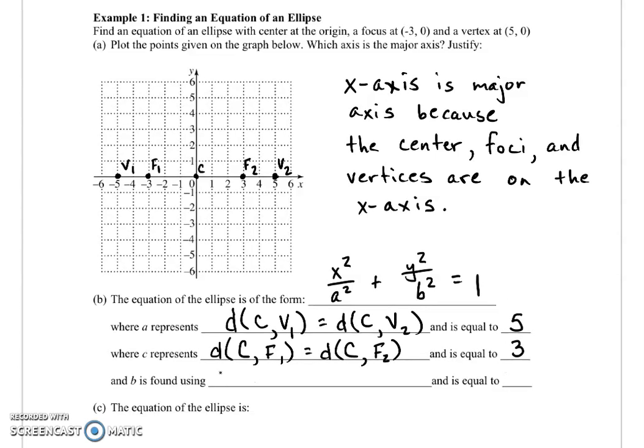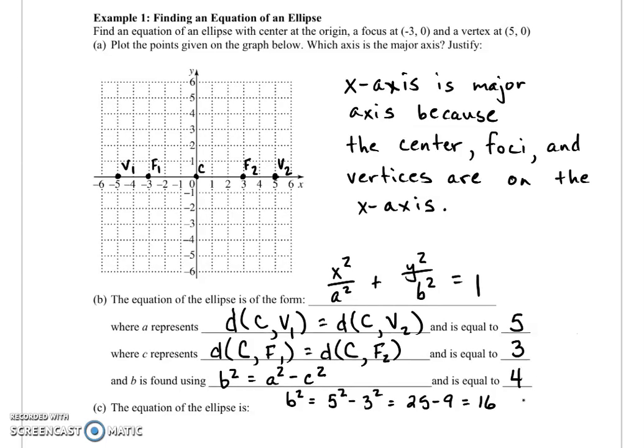And we find B by doing B squared is A squared minus C squared. So B squared is 5 squared minus 3 squared, which is 25 minus 9, or 16. That means B equals 4.